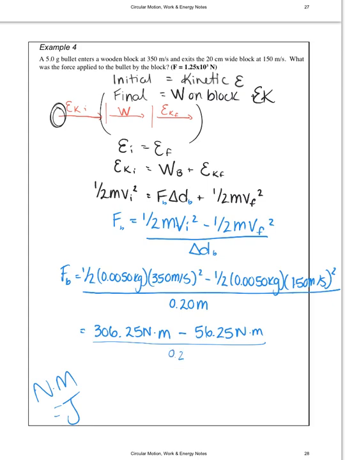Still dividing by 0.20 meters, to simplify my work there, 1250. We had two significant digits from our 20 centimeters and our 5-gram bullet, so we should really write this as 1.3 times 10 to the 3. Sorry, not meters, that should have been newtons.